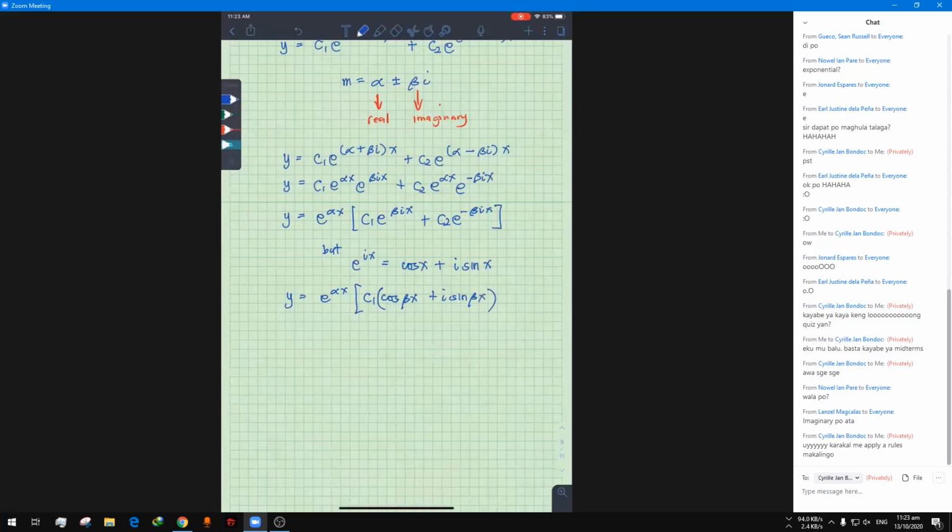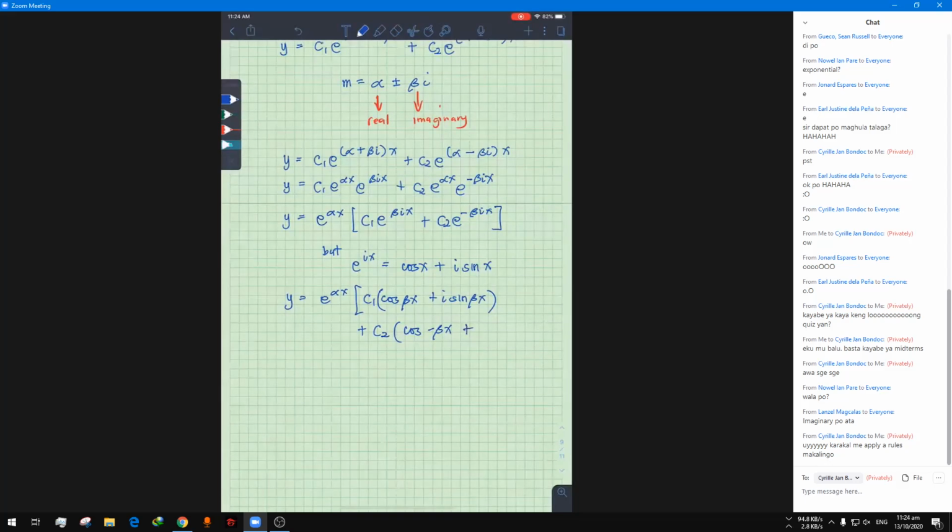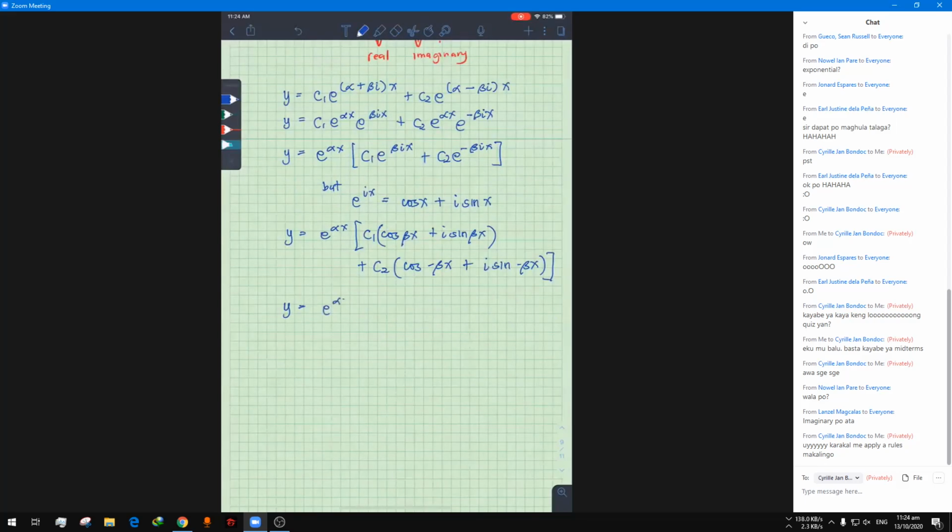So pangalawa, plus C2, this time we have cosine negative beta x, tapos plus i sine negative beta x. So C1 cosine beta x, na-distribute ko na, then plus C1 i sine beta x.